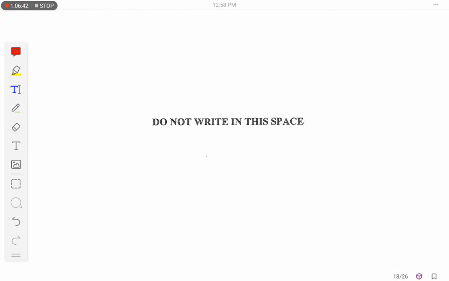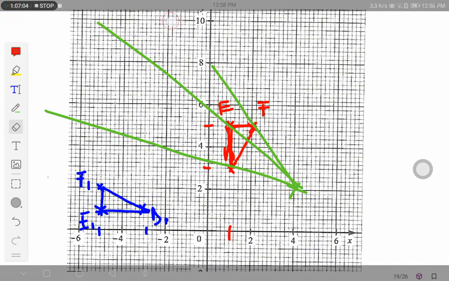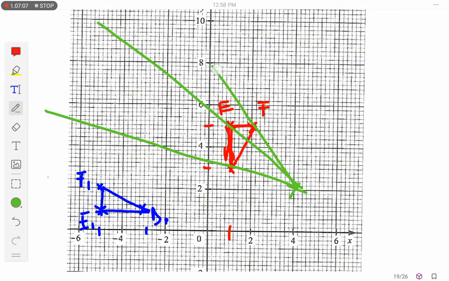The point 4, 2, which is our center of enlargement, is this one. You draw lines from the center passing through each point. That's how you do the first part.